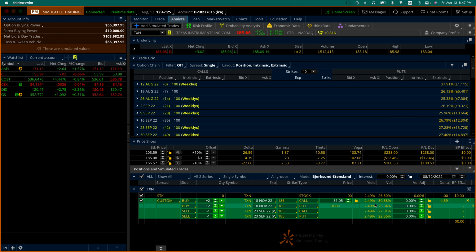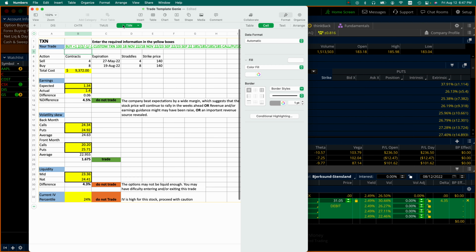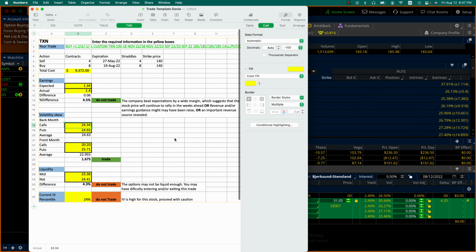Here is my trade, and this is going to be the same issue. You see the volatility here is 22.54. Let's just copy that because this is a deal killer, I think. So we have 30.44.